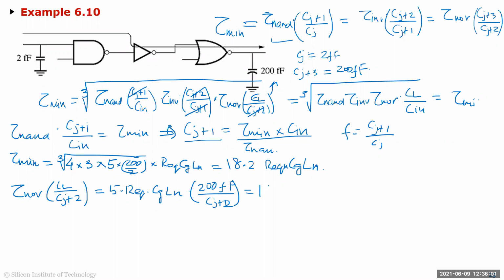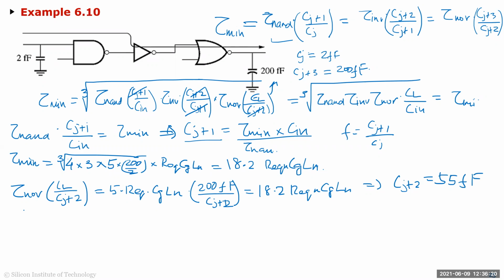So this should be equal to 18.2 times R equivalent CG ln, which means that Cj plus 2, we know everything except Cj plus 2, so you can calculate that to be 55 femtofarad.